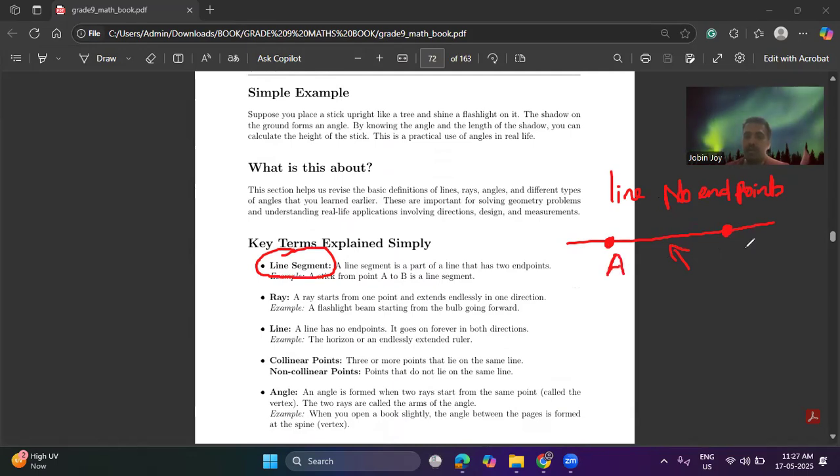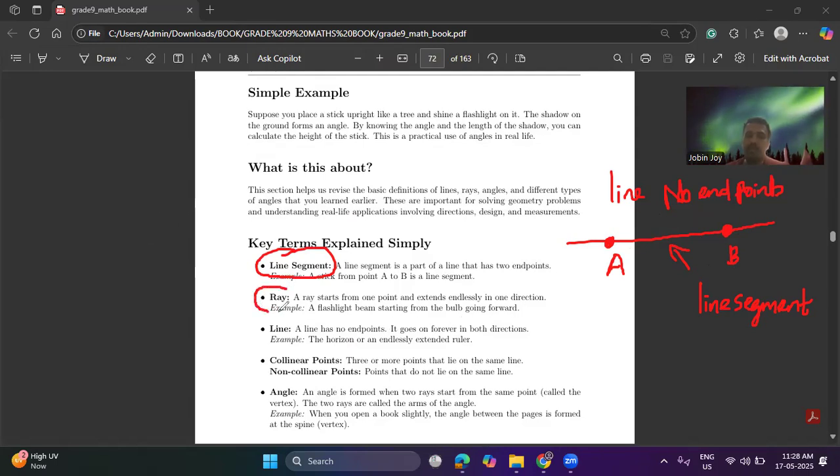For example, AB, I am considering this from this point to this point of this line. This AB is called a line segment. It is a part of a line. So a line segment has endpoints. One endpoint is A and another endpoint is B, but a line means no endpoints.